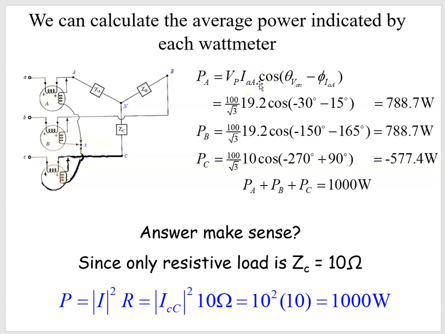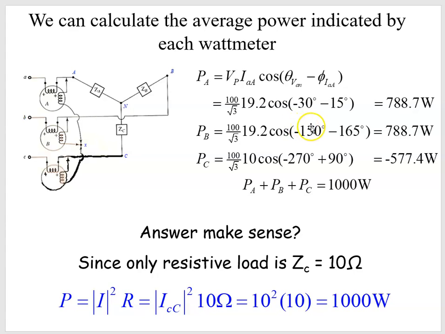So we can use for PA, that's going to be IAA, so that's our 19.32. Our phase angle at AN, negative 30 degrees. Phase angle for IAA, negative 15. We get 788.7 watts.